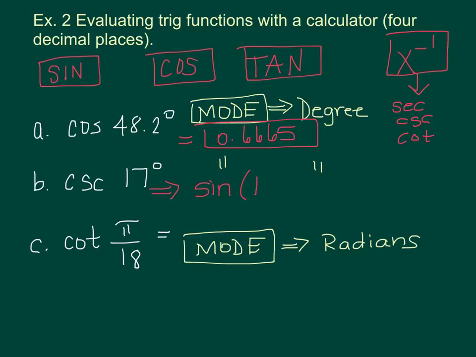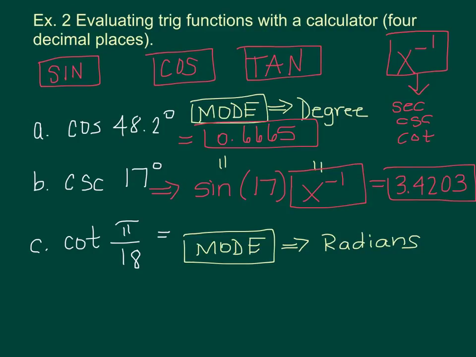And you're going to type in 17, close the parentheses, and then you're going to hit the reciprocal button, and it'll automatically do cosecant for you. And then you should get 3.4203. And if you don't get it, let me know.